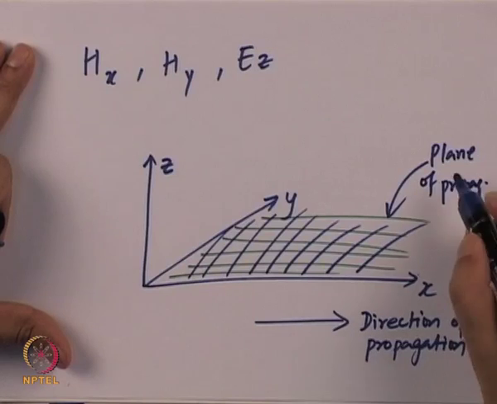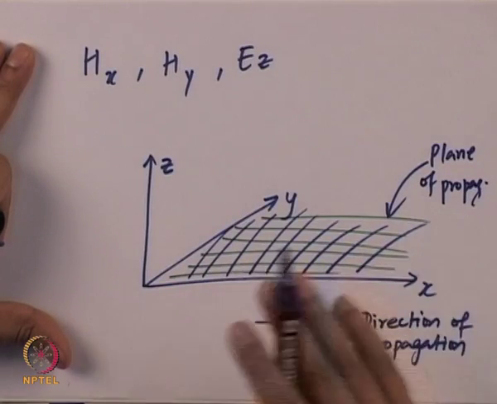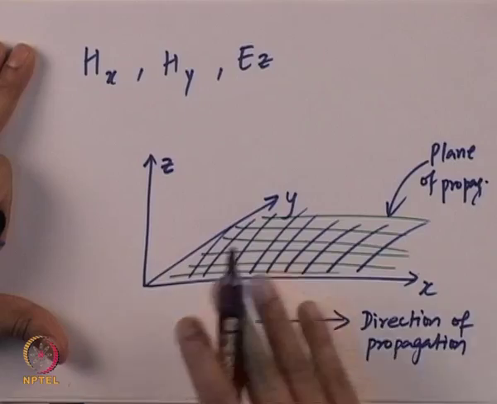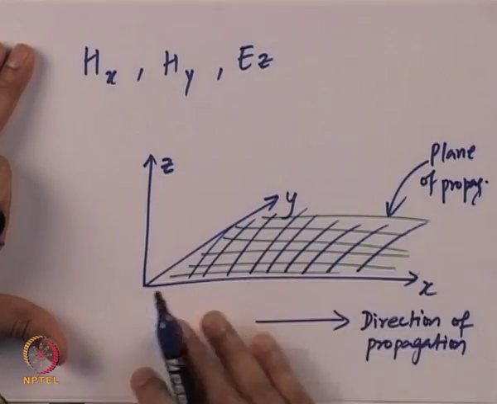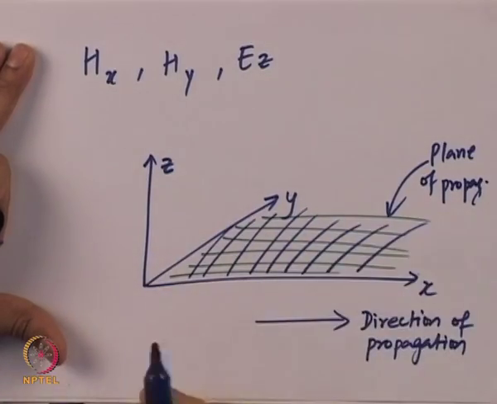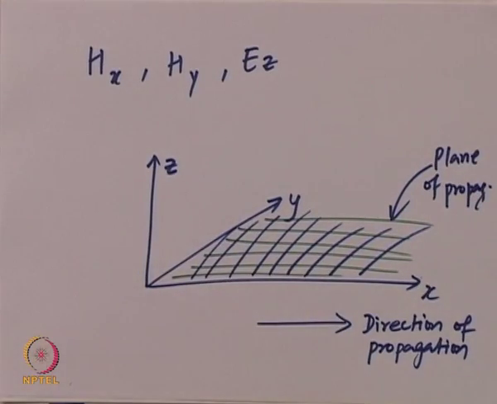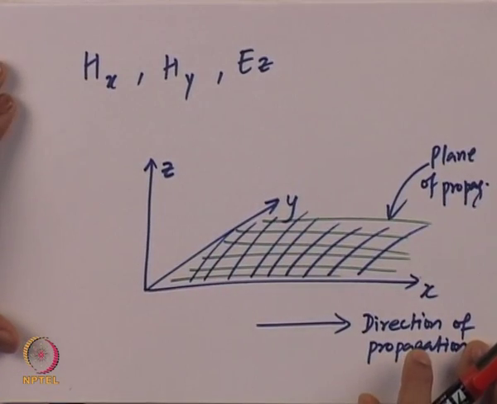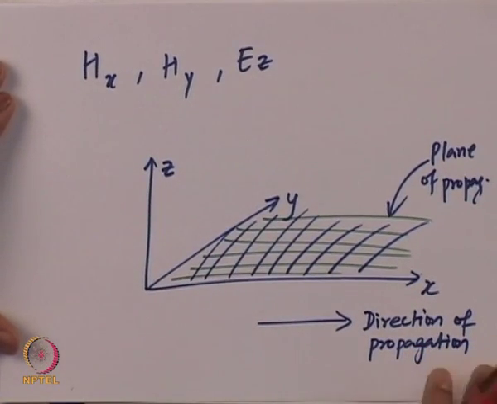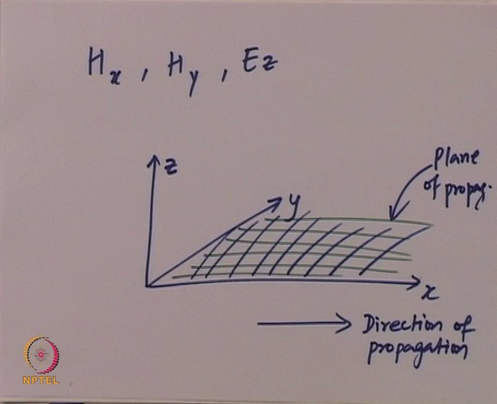Purists might argue whether you can call this a plane of propagation, but I would like to stick to the term. What I mean is that the propagation is going to stick to the XY plane, and Z is the direction that is perpendicular to both the direction of propagation and the plane of propagation. So this is going to be our setup. With that, the Maxwell equation for such a setup is going to have a very simple form, which is given by the two curl equations.